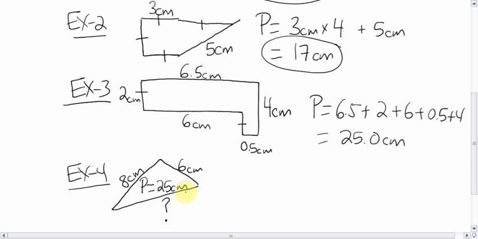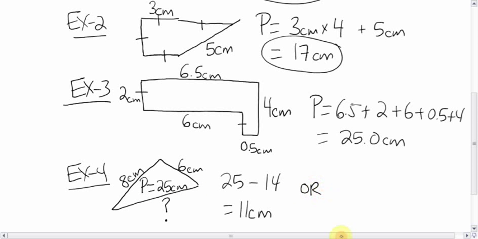One, I'm sure most of you will take to, is that if the whole distance is supposed to be 25, and this side is 8, that side is 6, well, what must this side be? Well, it's basically 25, the entire distance around, minus 14, which would give you 11 centimeters. So this side, which is what the question was asking, is 11 centimeters. That's one way to do it.